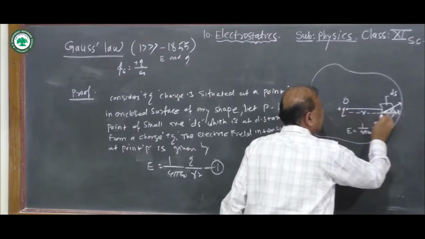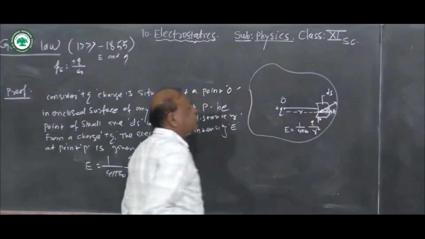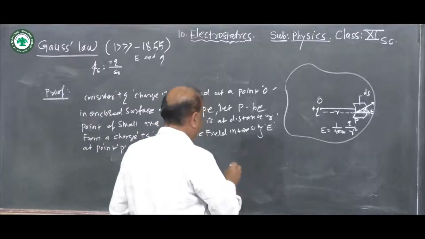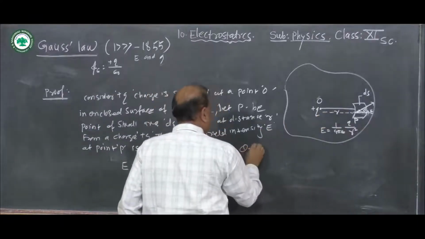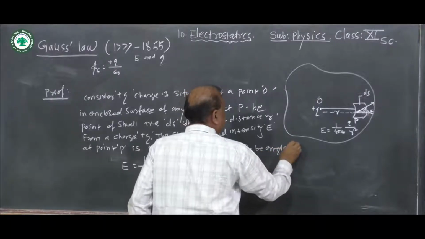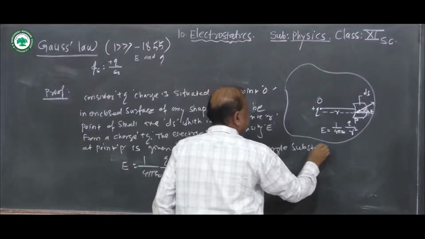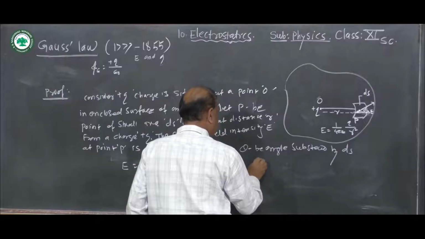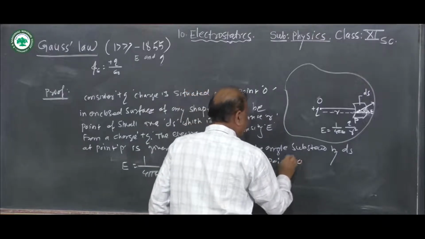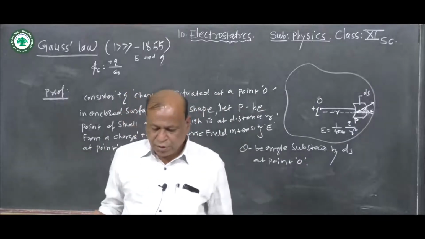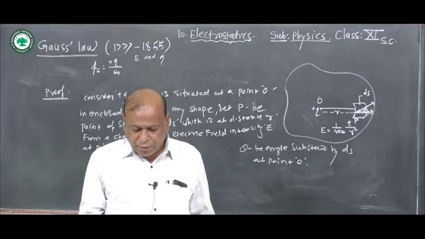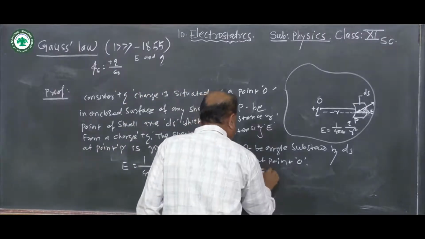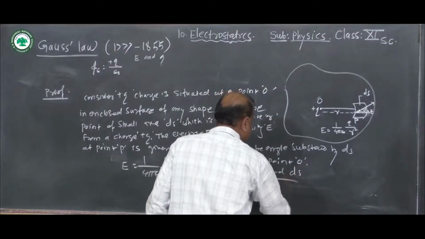The direction of E is away from point O. Let theta be the angle subtended by area ds at point O, or the angle between E and ds.